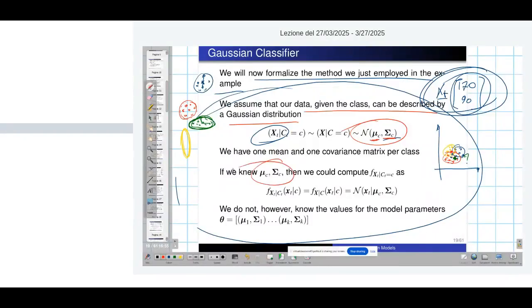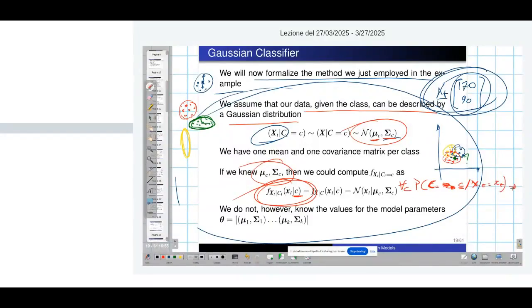Now, if we knew this, then our predicted distribution for the test sample and the class, so the one that we need to compute the class posterior probability, remember, to compute the class posterior probability, we need to compute for all classes the probability that I have class C given that the sample I observe is x_t, the test point.